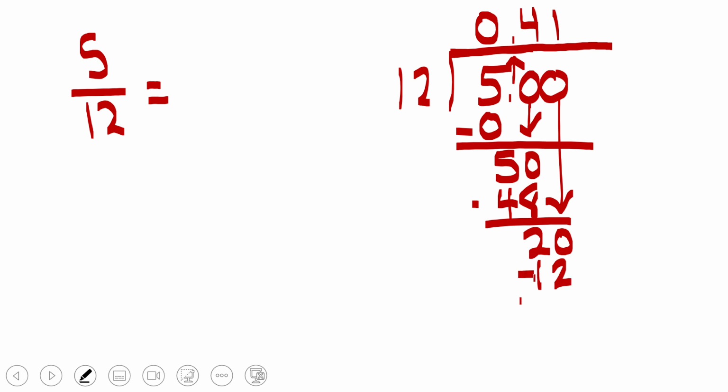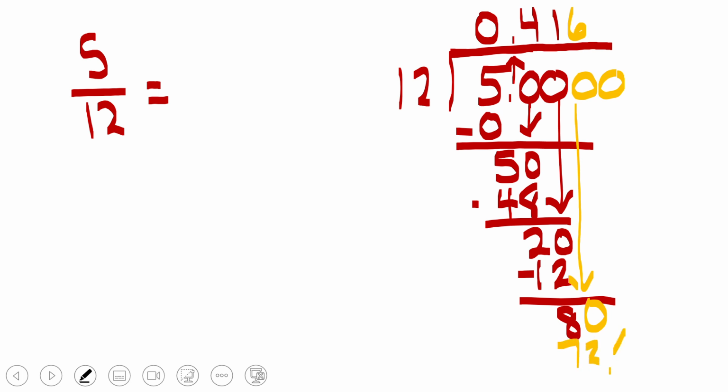And this does not terminate. So since we're working with repeating decimals, we're going to keep going to see what we get here. That means we'll annex a couple more zeros to see what happens in the pattern. All right, so that's a bring down. 12 into 80, that will go 6 times. 6 times 12 is 72. And I'm running out of room, so I'm going to take this right here. 80 minus 72 is an 8.